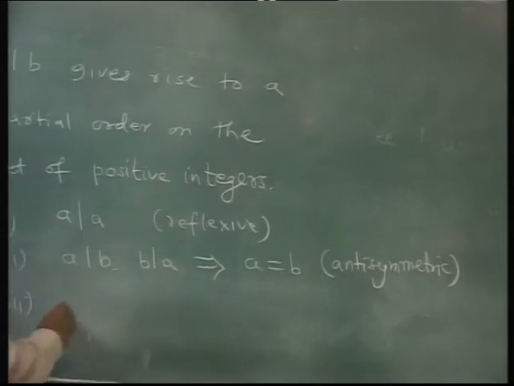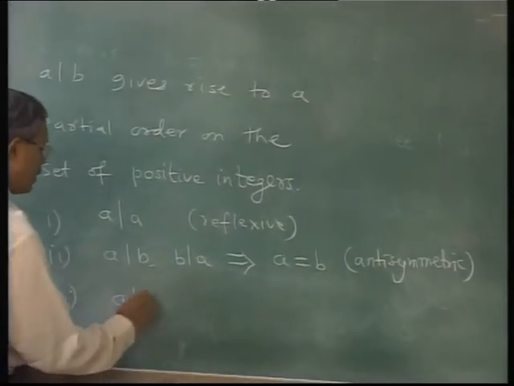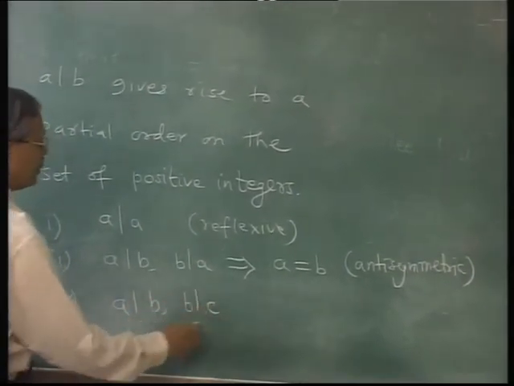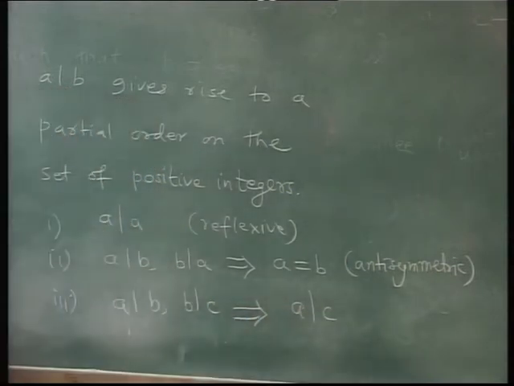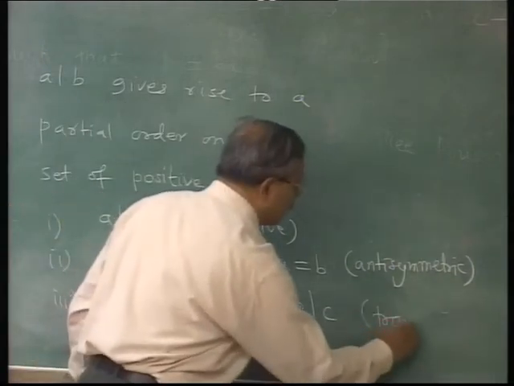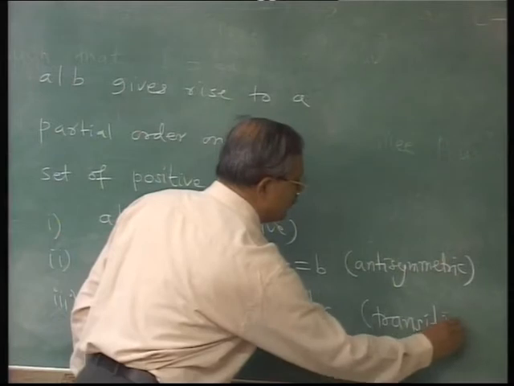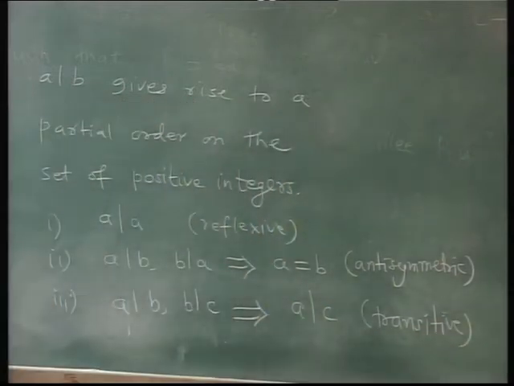And third is a divides b, b divides c implies a divides c. That is the transitive property. So this is a partial order on the set of positive integers.